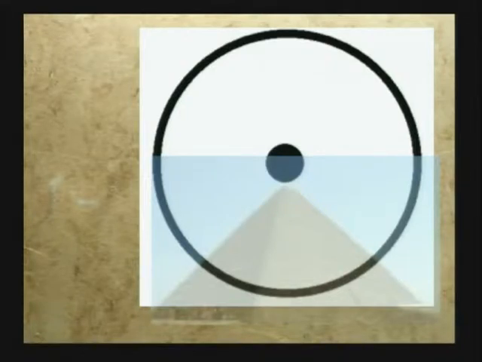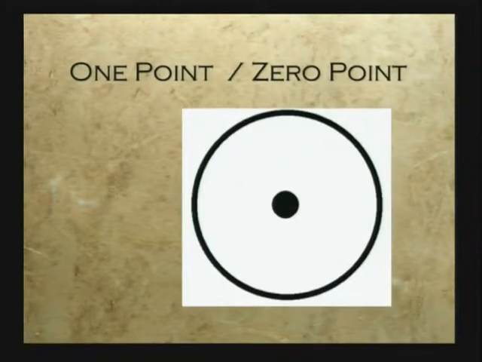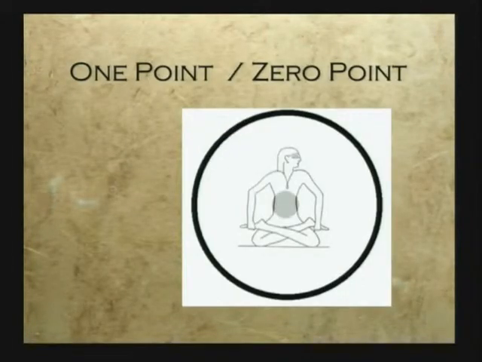So the goal of spiritual discipline or yoga is to place yourself in meditation at that 0 point, and then by controlling your mind and body, you manifest reality.